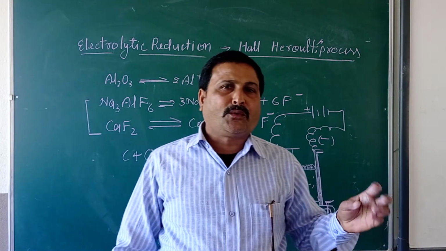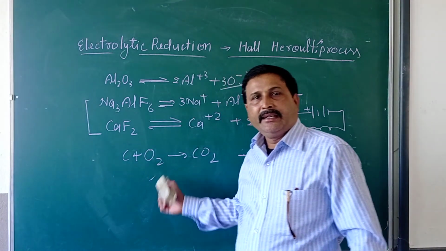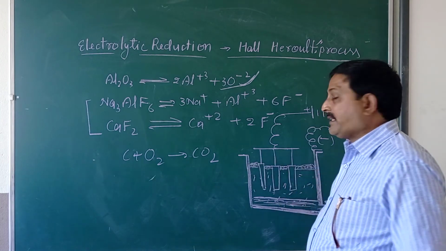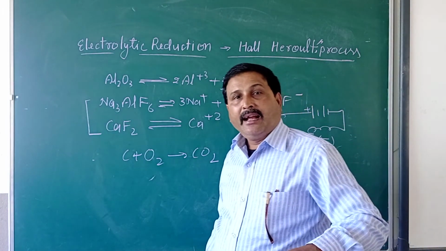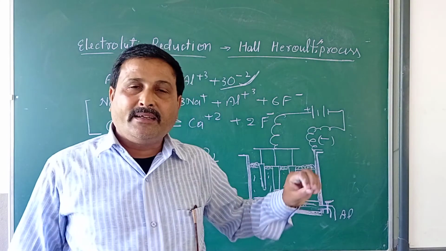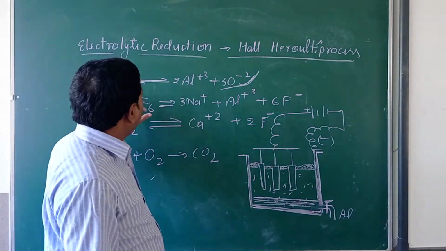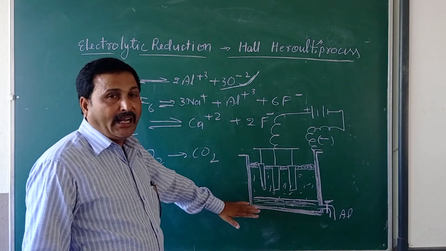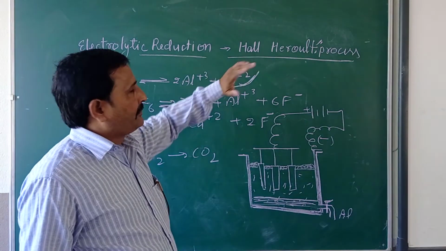Why do we sprinkle coke over the surface of the electrolyte? Because it minimizes the loss of heat energy by radiation and also minimizes burning of the anode. So this is the electrolytic reduction of aluminium by the Hall-Heroult process.